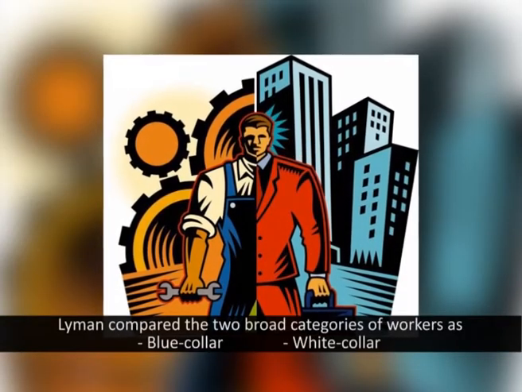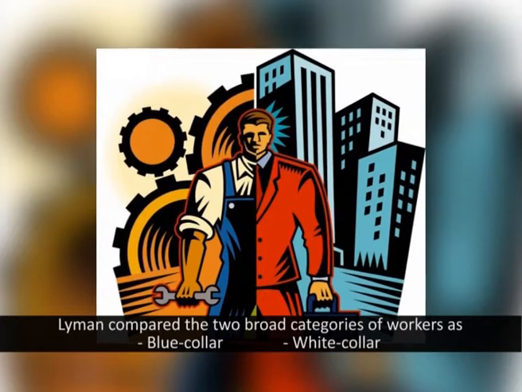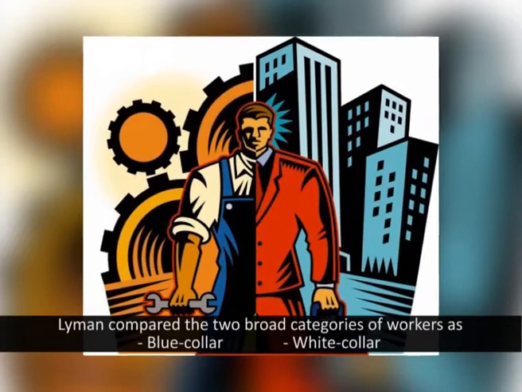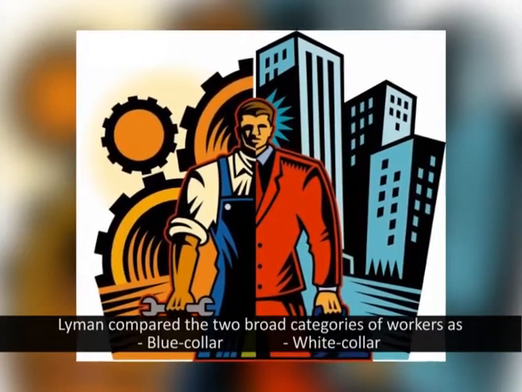Lyman compared the two broad categories of workers, blue collar and white collar, which constitute the occupational world. In her research, she tried to find out the various values associated with these two groups of workers and finally concluded that the latter believed in the nature of work and freedom, while the former emphasized the easy nature of work, cleanliness, conditions of work and economic rewards.